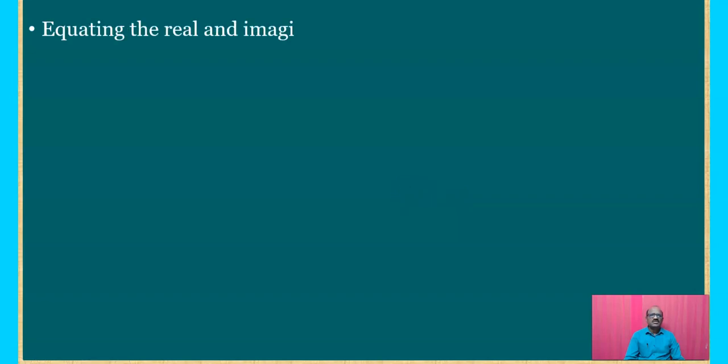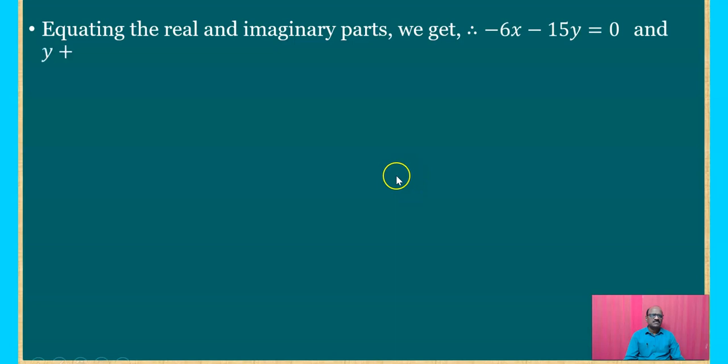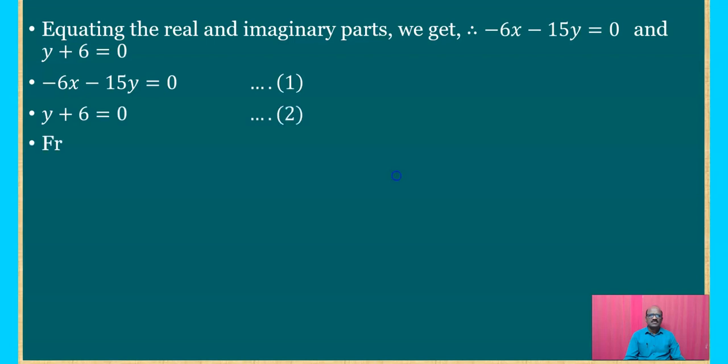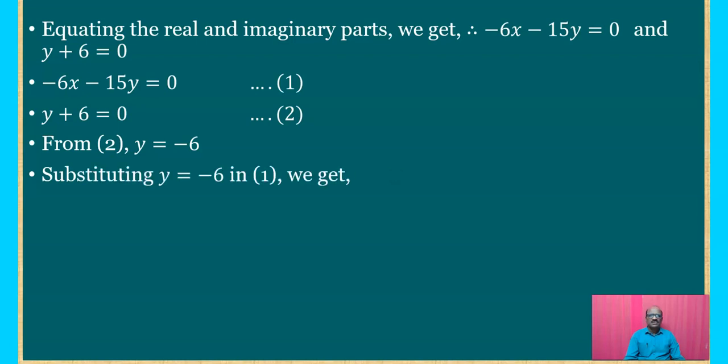Equating their real and imaginary part. y is equal to minus 6. Put in equation number 1. And then you will get minus 6x minus 6 into minus 15, that is a plus 90.